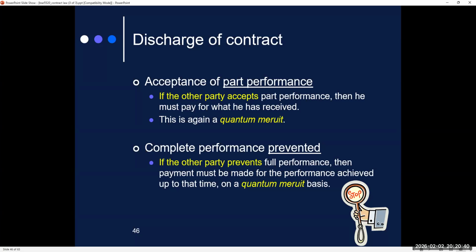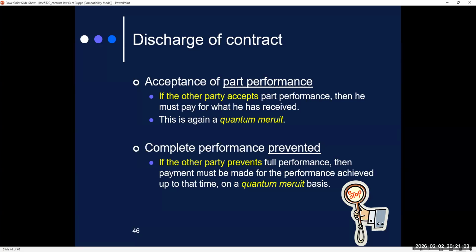Now, for example, we have this room. And say we have a cleaning contractor responsible for cleaning the whole of this room. But today, earlier, the contractor could only clean half of this room. The other half is not yet cleaned.